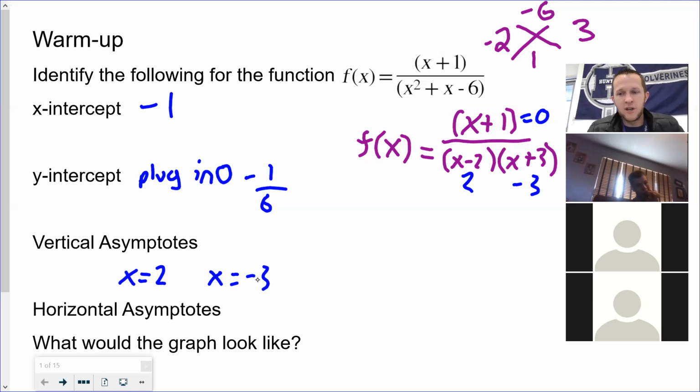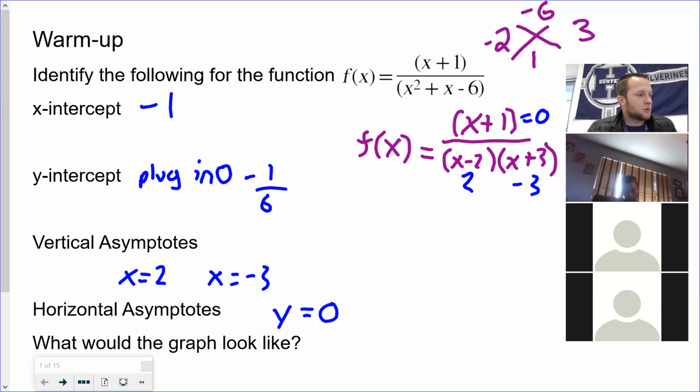Nice, thanks, Caleb. Skylar, can you tell us about the horizontal asymptotes? Would the horizontal asymptote be 0? It would be 0. Good job. How'd you get that? I want to say you set it equal to 0, but I think that's wrong, so I don't know. Gotcha.